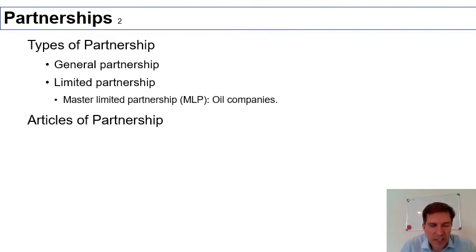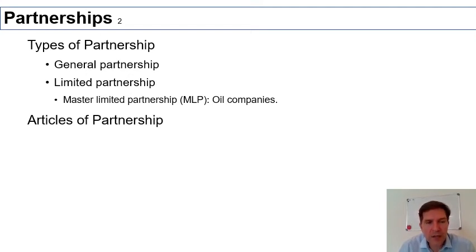I'm not going to get too much into the details. You can read them if you are interested in the book. They are more popular in some industries. For example, limited partnerships are used a lot when exploration happens for oil companies, where you just create something that is ad hoc for that particular oil well or oil exploration area. But in other industries they are not very popular.